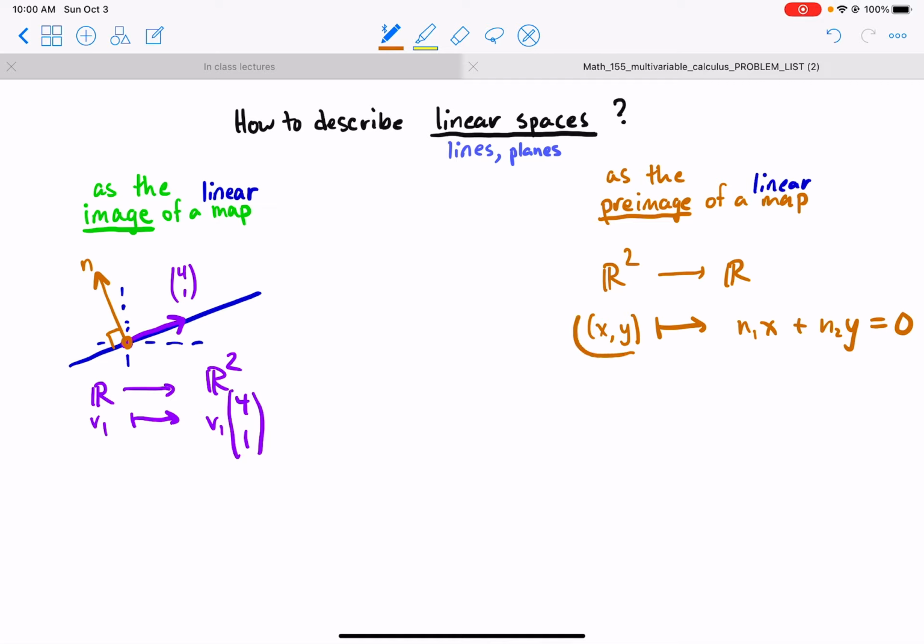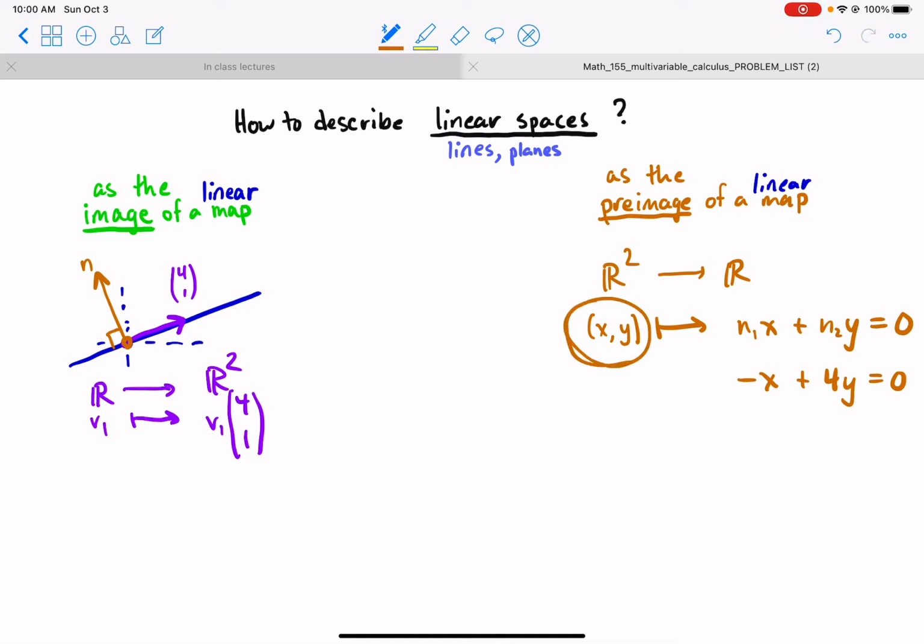And it's all the points in the plane, like this purple vector, that are orthogonal to our normal vector, n. So in this case, we could even choose a specific normal vector. For example, if n were (-1, 4), this would work. Here n is (-1, 4), and this is the equation, we'd say it's the implicit equation of this exact line. And it's the preimage because it's the preimage of 0.